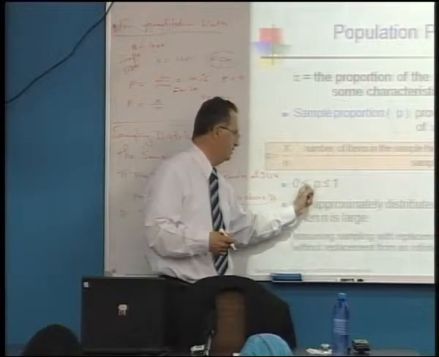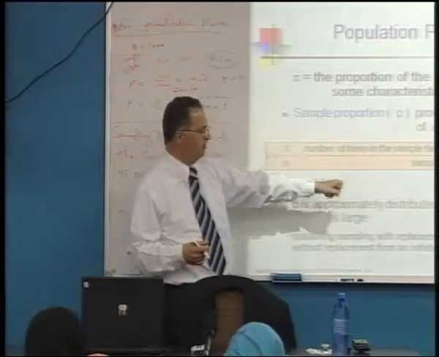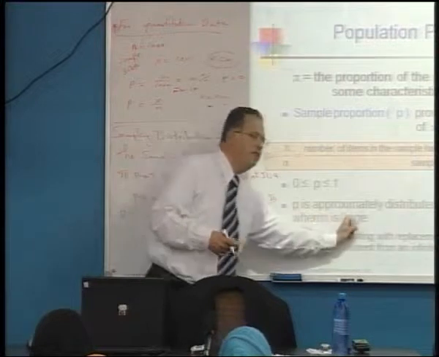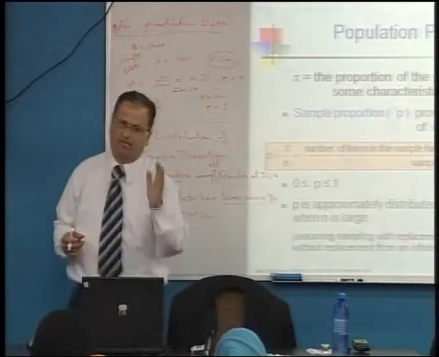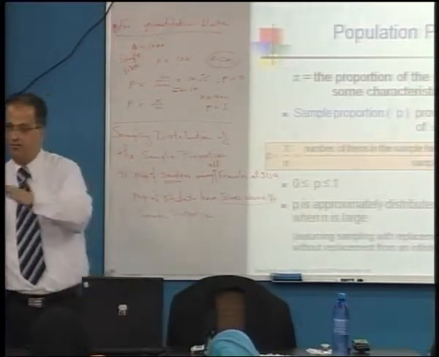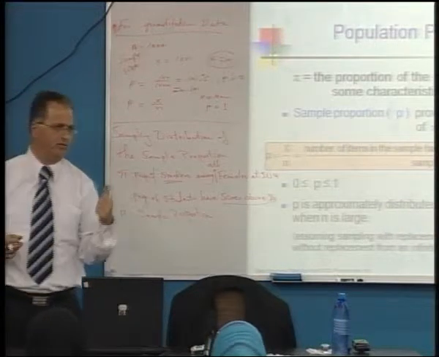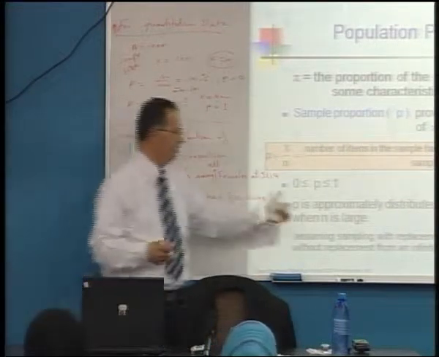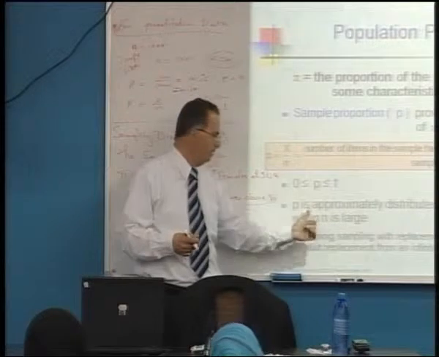So B is, in this case, approximately distributed as a normal distribution when n is large. But again, how large is large enough? We'll talk about that later. So B is approximately normally distributed when n is large.